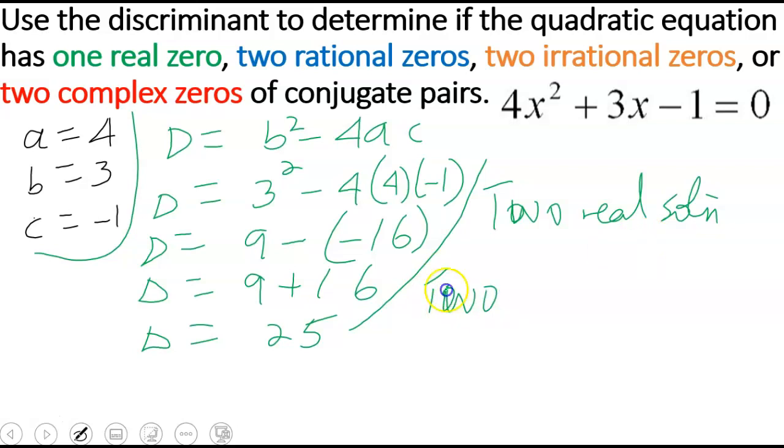Those real solutions are rational. Rational means we can write them as fractions or whole numbers, anything within the family of rational numbers. Okay, two distinct.